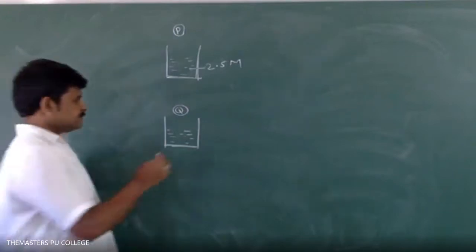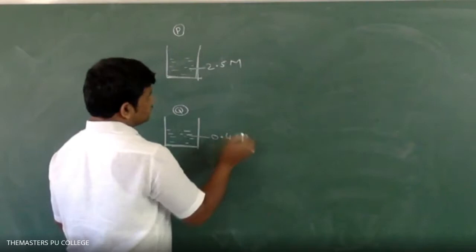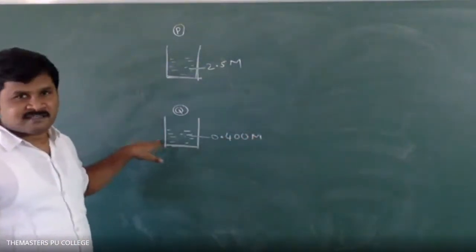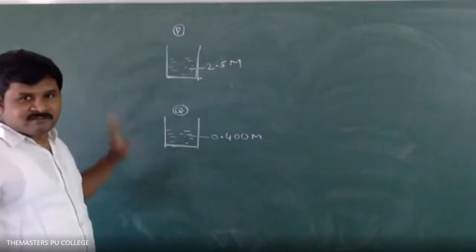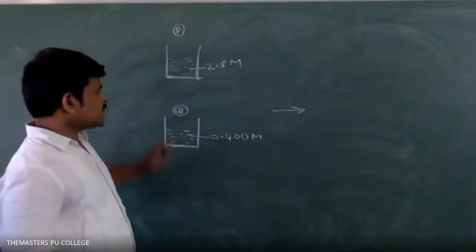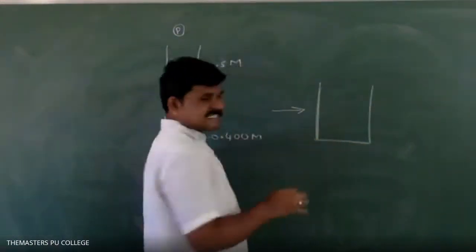The concentration of Q is 0.4. Okay? Either the same solution, either NaOH. He is doing it by adding P and Q into one container. It is another container.